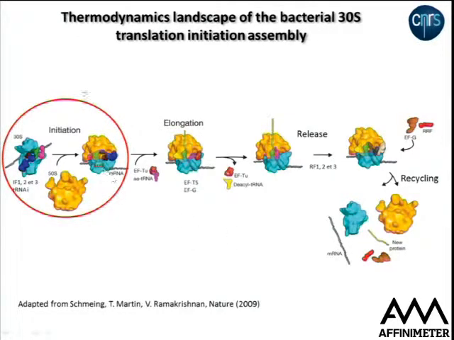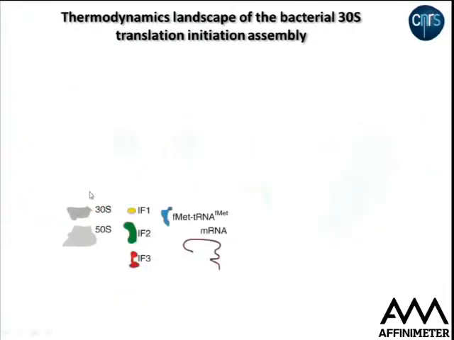And we started by the investigation of the initiation of the translation, so the assembly of the translation initiation, which involves 30S small subunits, the large 50S ribosomal subunits, initiation factors 1, 2, and 3, and initiation factor 2 is bound to GTP.